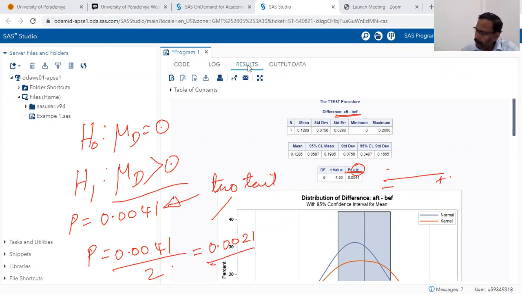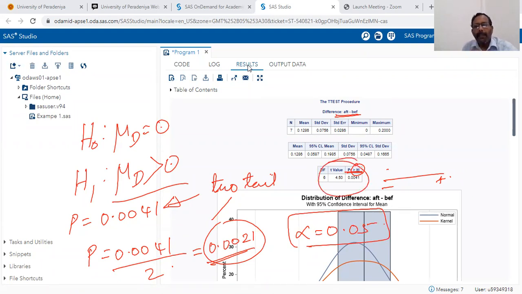So now this is my p value. Now consider my alpha value. It is 0.05. This p value has nothing to do with the alpha value. The alpha value is decided by us, right? So now my alpha value is 0.05.